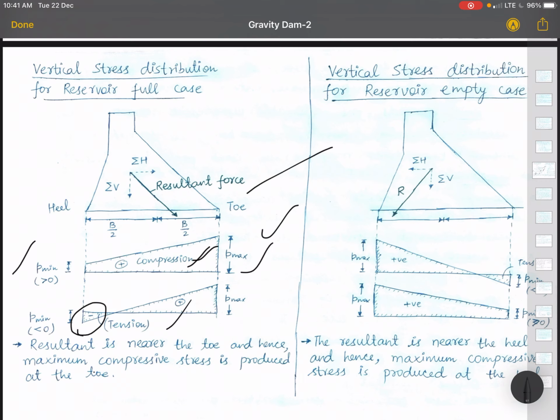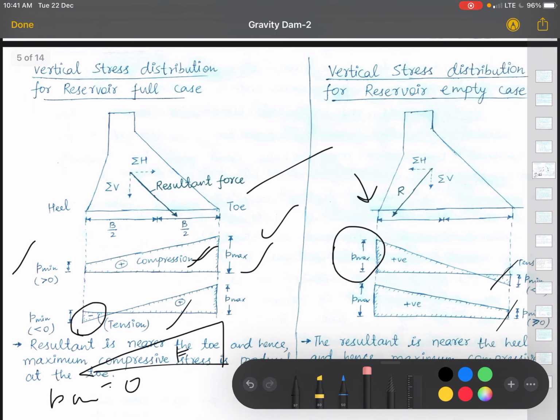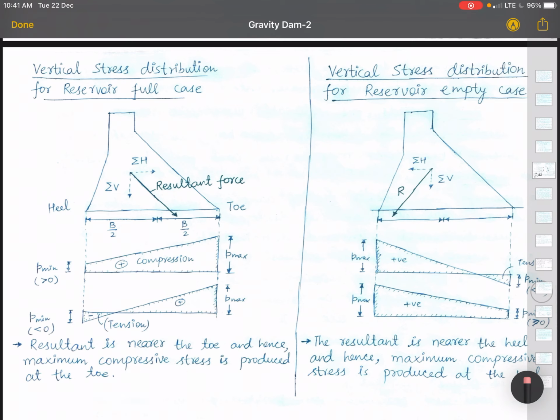One more case is when P min is 0. This is also a full compression case. Similarly, when the reservoir is empty, the maximum is at the heel. Again two cases, when P min is less than 0 and when P min is greater than 0. While solving problems, you have to be very, very careful. We have to check first whether the case is of reservoir full or reservoir empty.